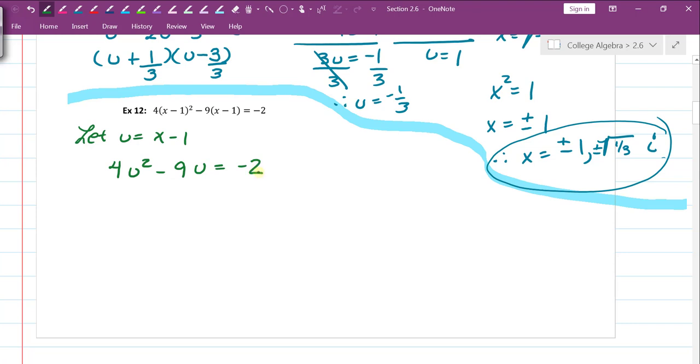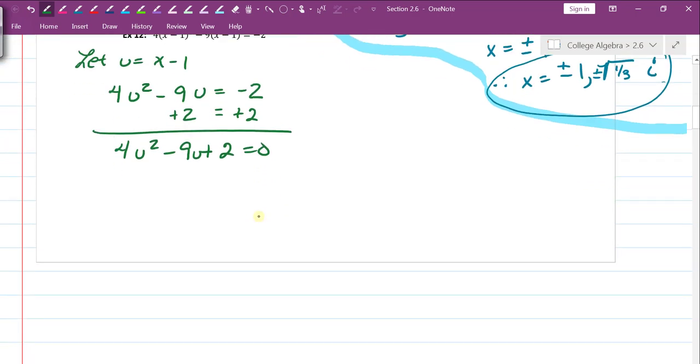Now let's go ahead and bring our 2 over. So we'll add 2 to both sides. So I have 4u squared minus 9u plus 2 equals 0. I haven't solved this one in a while, so I'm not sure if it factors. So I'm just going to go ahead and do the quadratic equation, and therefore I don't have to worry about whether it factors nicely or not.